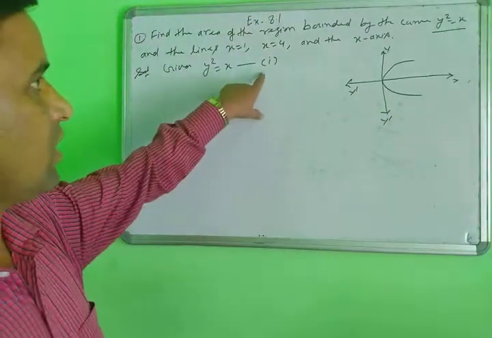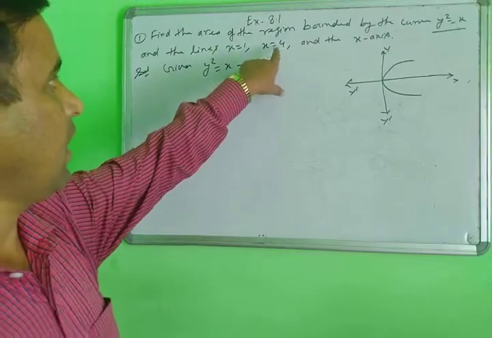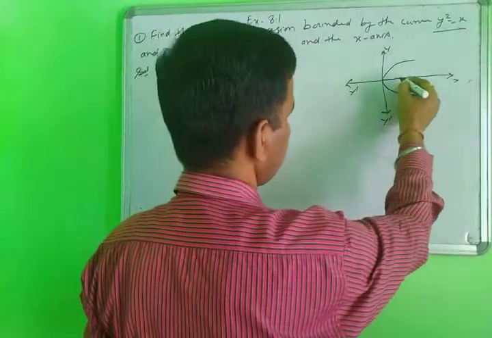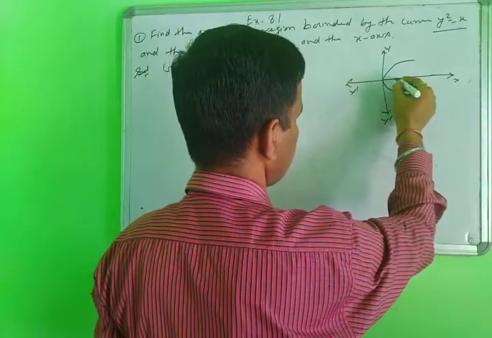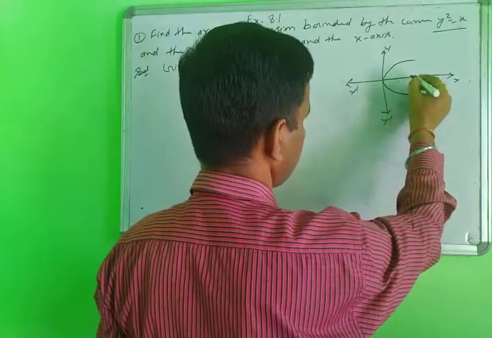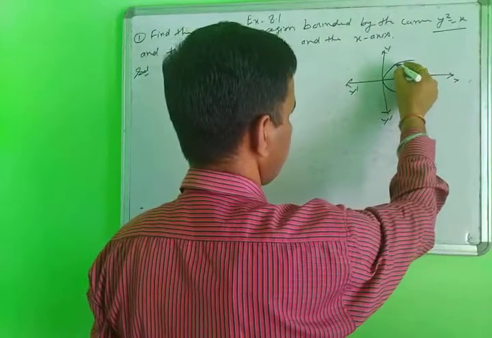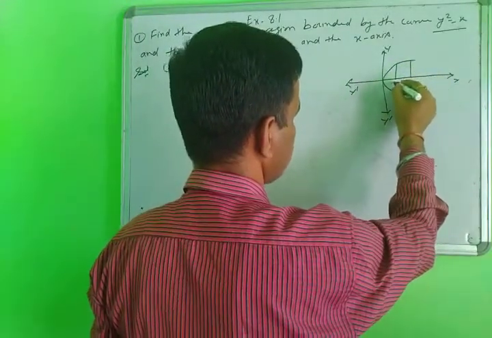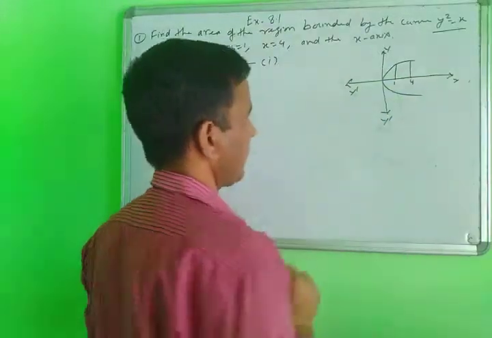And your limits here are x equal to 1 and x equal to 4. Then you will find the area from x equal to 1 to x equal to 4.